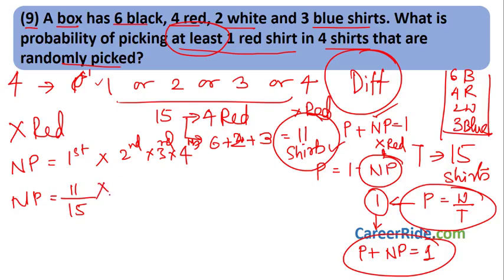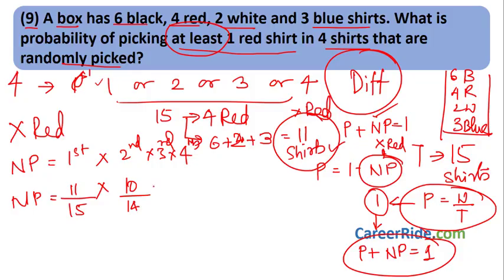I have chosen the first non-red shirt and kept it in my hand. It can be black, white, blue, it doesn't matter. Now I choose the second non-red shirt. Already 1 is in my hand, so 11 minus 1 is 10, divided by 15 minus 1, which is 14.